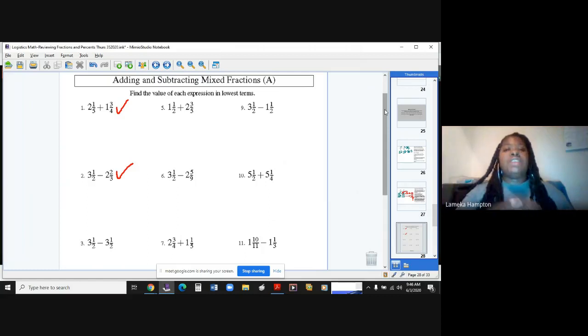So again, this is actually going to conclude our lesson for today. Again, the good news is I've already done numbers 1 and 2 for you. So if you need a reference, once the video is posted, I encourage you, I implore you, please, to go back and watch the videos, making sure that you are following step-by-step instructions on how to add and subtract mixed fractions, okay?